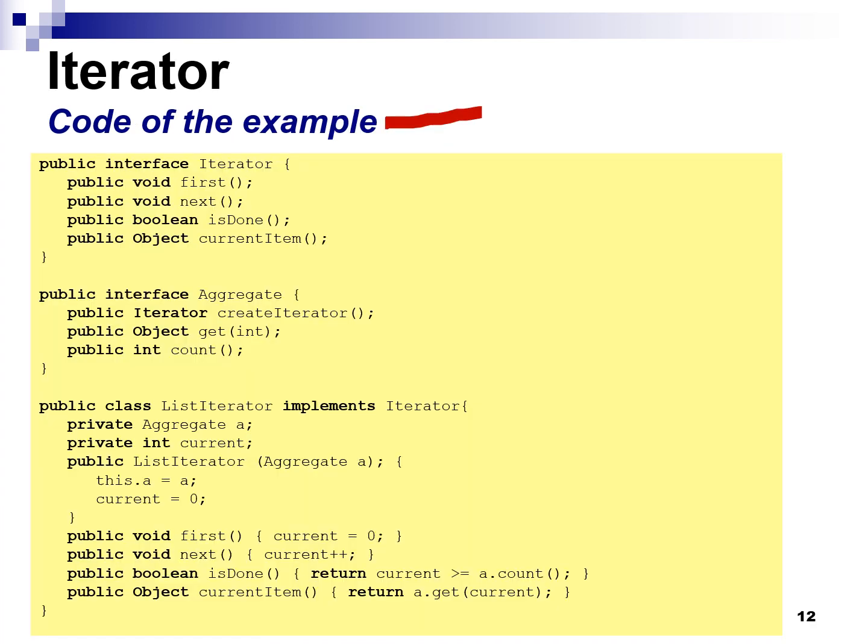This is an example code for the iterator pattern where I'm using interfaces. I have an interface for the iterator that has the methods, and an interface for the aggregate that contains the createIterator method.